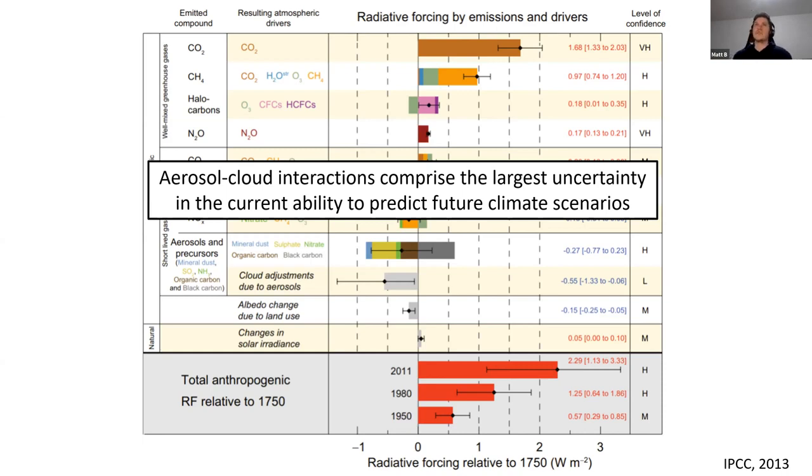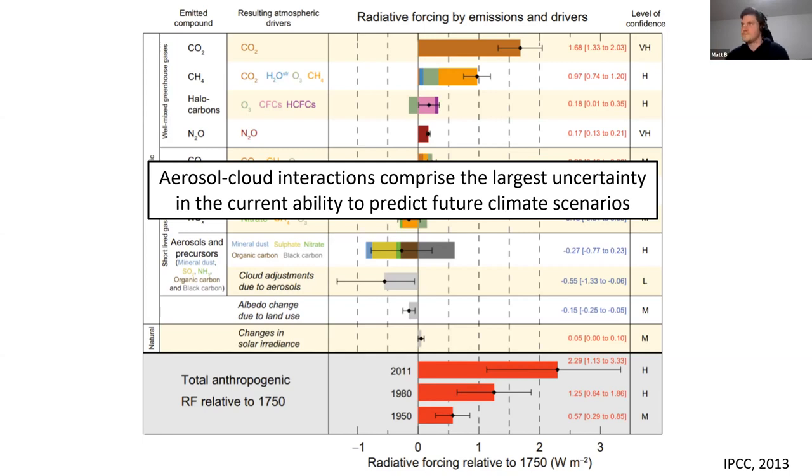How do these gas phase precursors that are present all around the world contribute to particles in certain environments? It's actually very challenging to measure. You have to have some very sophisticated gas phase mass spectrometry equipment, which is not easy to operate in the field. And putting it all together is where this large uncertainty comes from. It's a very challenging process to pick apart and understand and put together, and especially to model in a climate model.